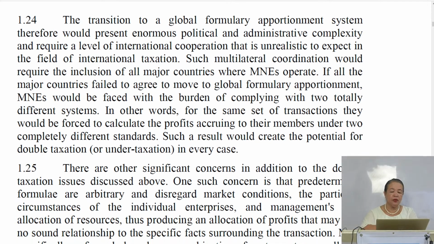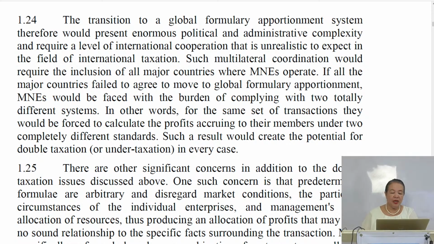The transition to a global formulary apportionment system, therefore, would present enormous political, yan na yung sabi ko, na papasok na yung politika, and administrative complexity, and require a level of international cooperation that is unrealistic to expect in the field of international taxation. Mahirap magkaroon ng international cooperation, no? Because both countries have different concerns over taxation. Such multilateral coordination would require the inclusion of all major countries where MNEs operate, no?